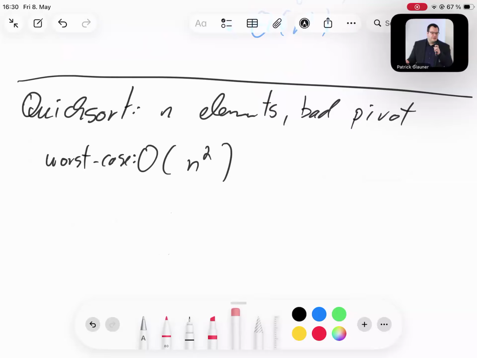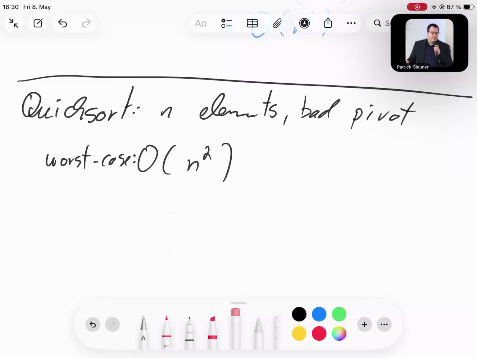I may have to do n minus 1 recursive calls to keep breaking this long list into smaller sublists, because each time I can only really remove the pivot and nothing else, because all the elements go into one of the sublists. And moving this to the sublist would be O of n, and doing this n minus 1 times for the recursion, I would be at O of n squared.